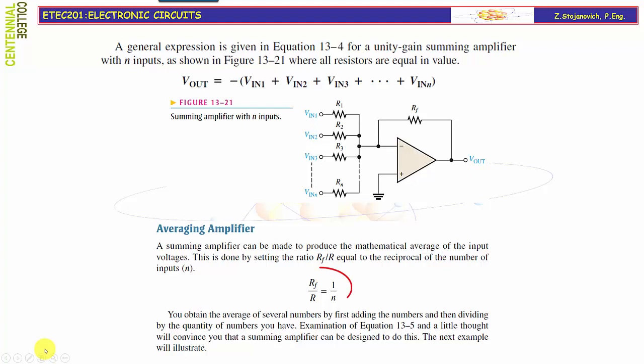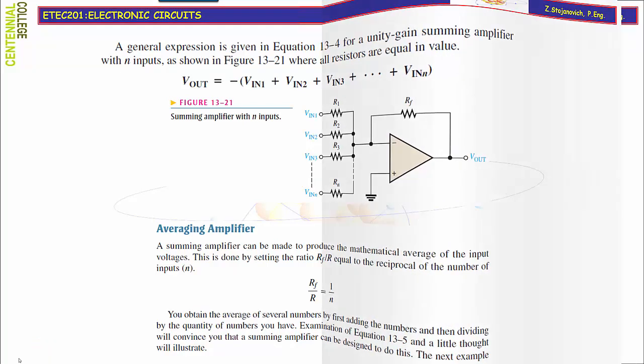So if RF over R is equal to 1 over n, then we can convert a simple summing amplifier into an averaging amplifier. You obtain the average of several numbers by first adding the numbers and then dividing by the quantity of numbers you have. Examination of equation 13-5 and a little thought will convince you that the summing amplifier can be designed to do this. The next example will illustrate it.